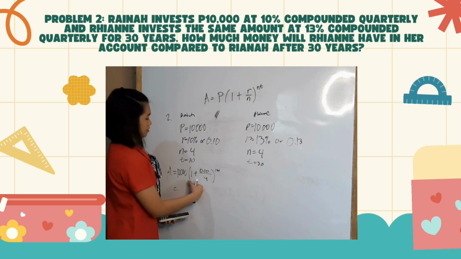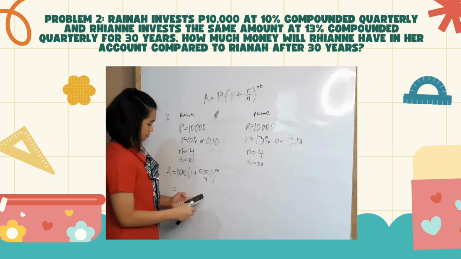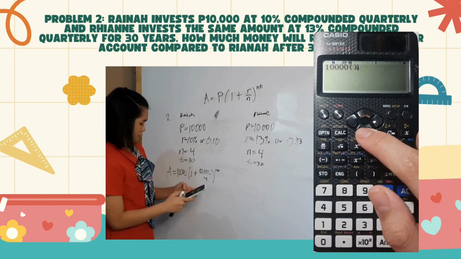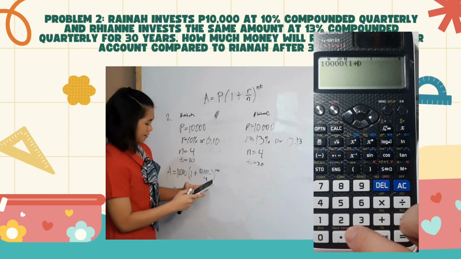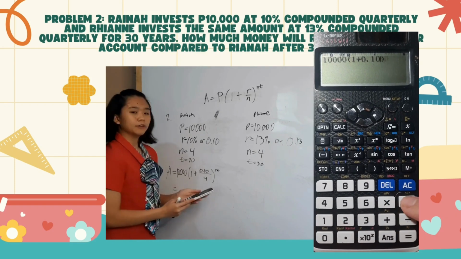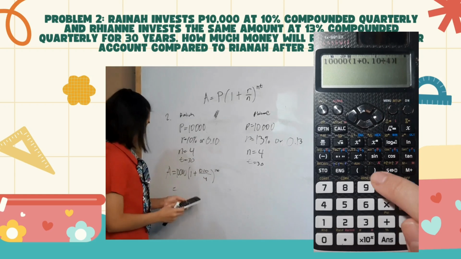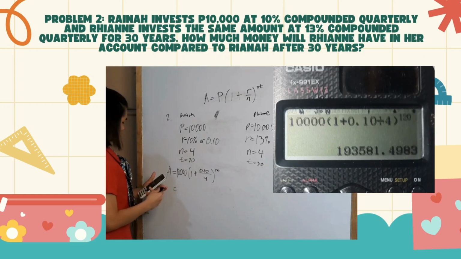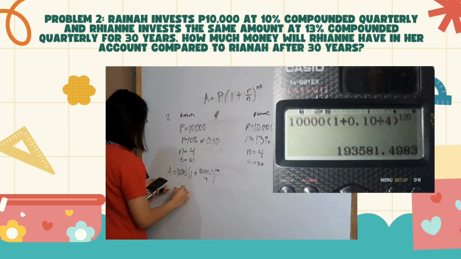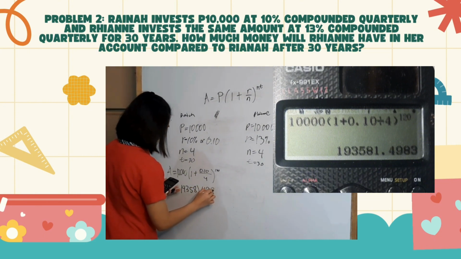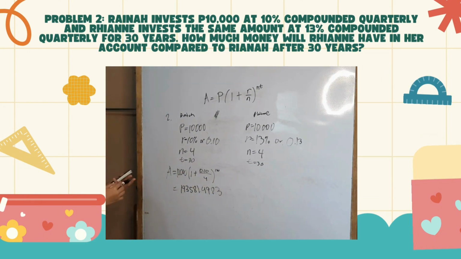Let's first enter this: open and close, 1 plus 0.10 divided by 4, then you raise that to 120, then you press equals, then you multiply that by 10,000. Now our answer here for Rainah is 193,581.4983.